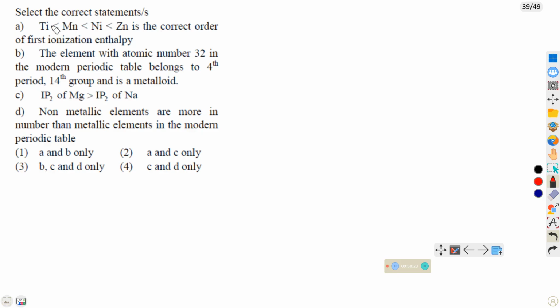Correct statements. Titanium less than manganese less than nickel less than zinc is the correct order of first ionization enthalpy. The element with atomic number 32 is germanium, which belongs to the 4th period and 14th group. Correct. IP2 of magnesium is greater than IP2 of sodium. Wrong.